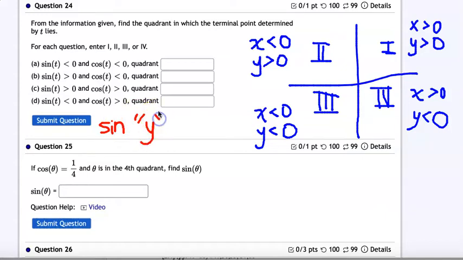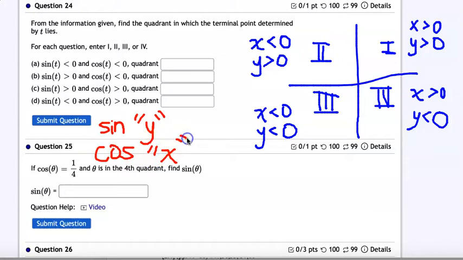So wherever sine is negative, that would be the same thing as where y is negative. Because remember, sine is defined as y over r, and r is always positive. So the sign of sine is determined by the numerator. And whenever you see cosine, think x.